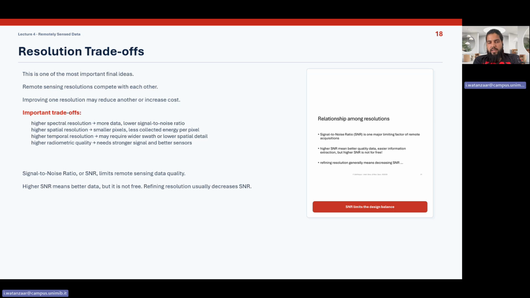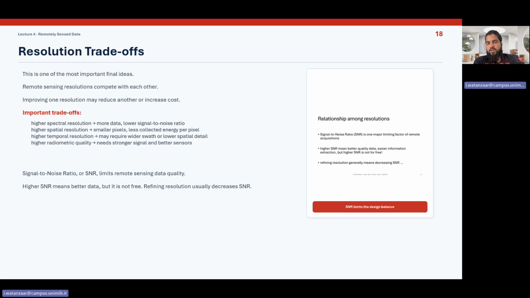For higher radiometric quality, we discussed that we are mostly interested in capturing the signal. It needs a stronger signal and a better sensor. Here the cost can increase automatically. This also happens in the quantization process, where we convert continuous radiance values into digital numbers. So it definitely needs a stronger signal.